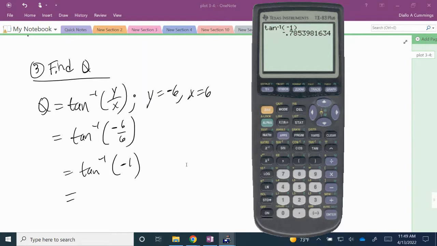This is one of the nuances of using a calculator: even though it wants the answer in radian measure, I don't actually get the pi that's needed. I sort of get an approximation. So I'm going to change the mode on my calculator to degree. I put in the arctangent of -1 once again, and notice I get -45 degrees.